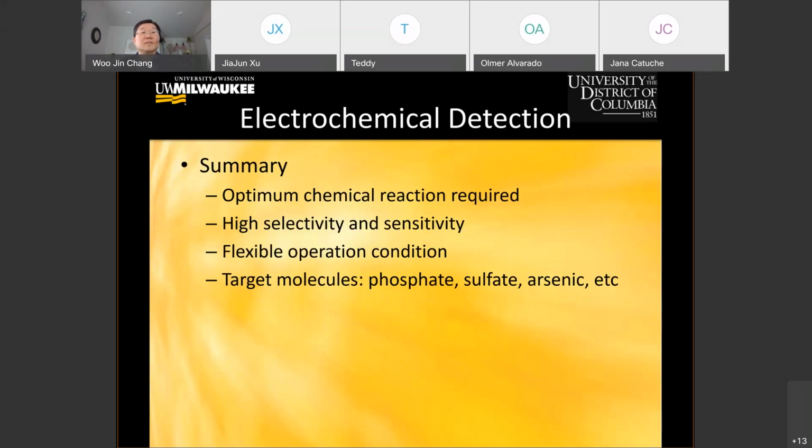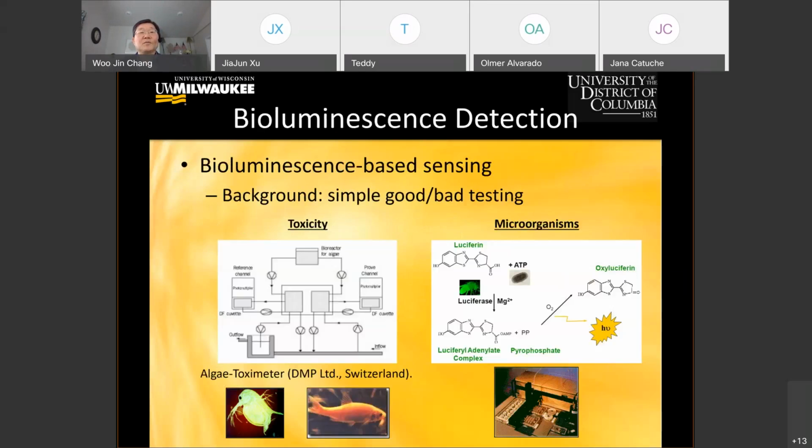And I want to very briefly introduce bioluminescence detection, because this should be quite an interesting approach that uses microfluidics and bioreaction to detect toxicity and microorganisms.